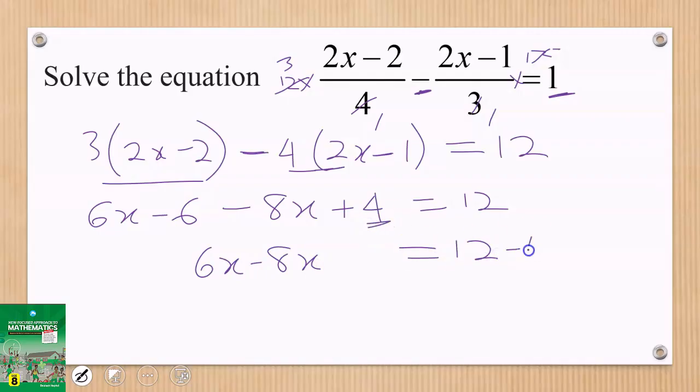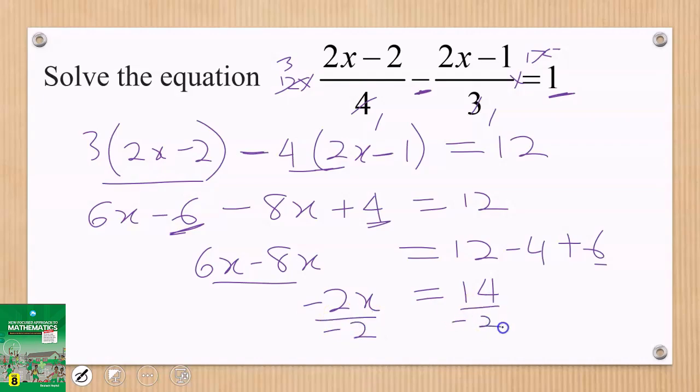Then this will give us minus 4 here. This will also come as plus 6. As we subtract this, which gives us negative 2x, 12 minus 4 will be 8 plus 6, and that will give us 14. So since we want to make x the subject, we divide here by negative 2, and so therefore our x will be equal to negative 7, and that becomes the answer.